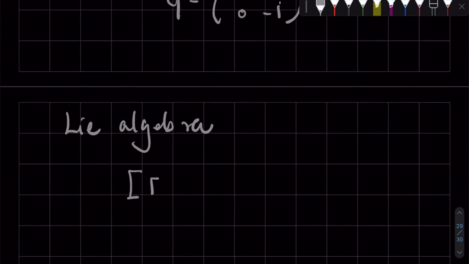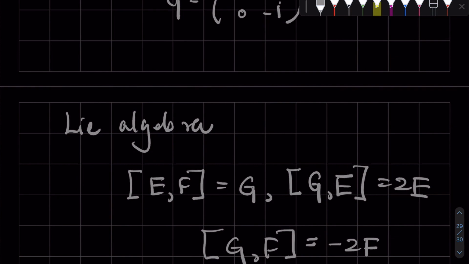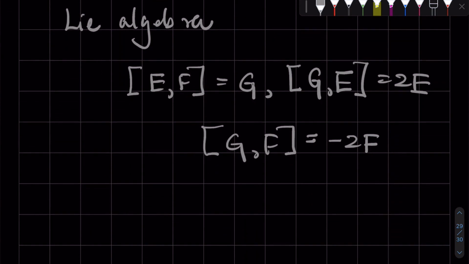The commutator of E and F is G. The commutator of G and E is 2E. And the commutator of G and F is minus 2F. So this is what the Lie algebra looks like.